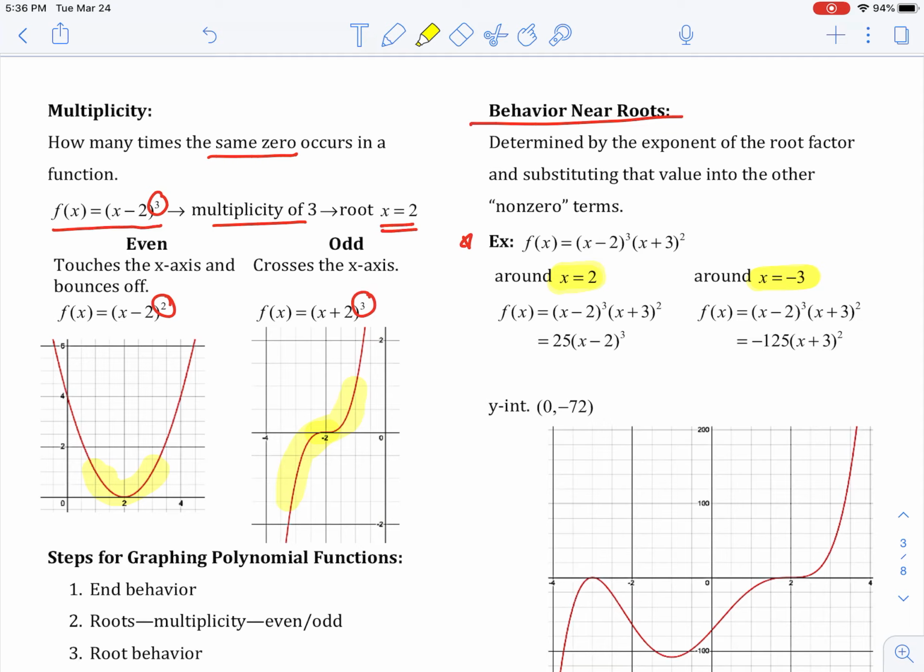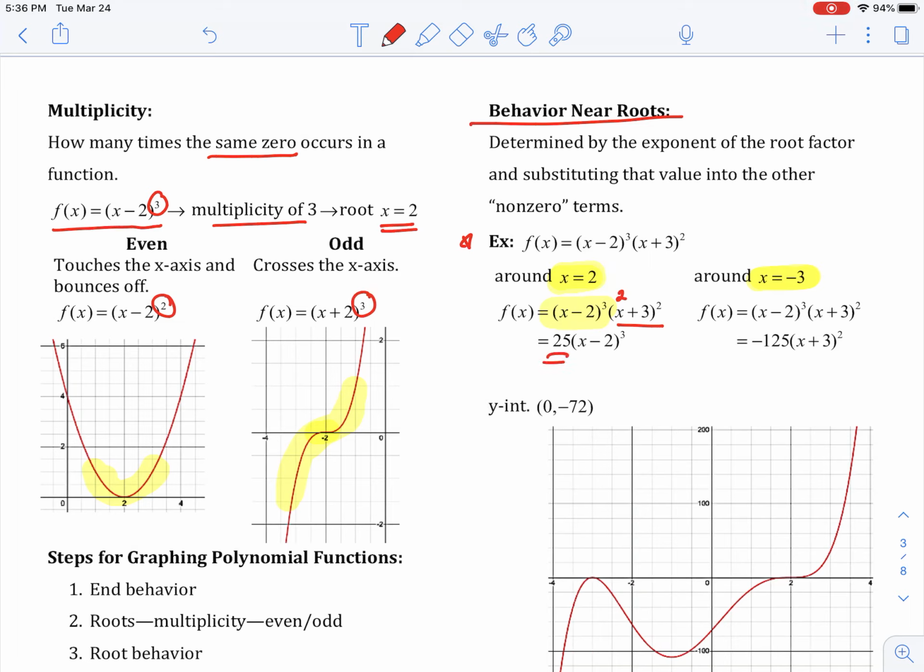So for x equal to 2, that came from the factor of x minus 2 cubed. So we're going to leave that factor alone. We're not going to touch it. And we're going to take the other factor, in this case the x plus 3 squared, and we're going to replace x with the 2. As we're getting closer and closer to x equal to 2, the values of x are getting closer to 2, and that's why we're substituting that value of 2 in for all the other x's except for where it came from.